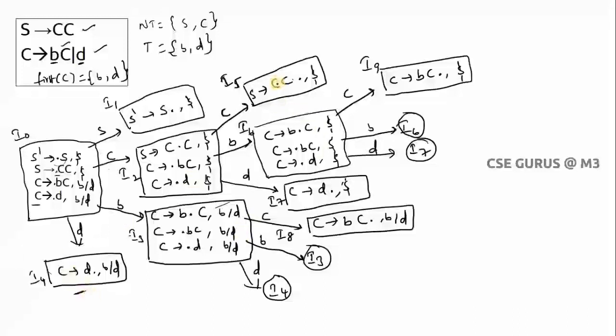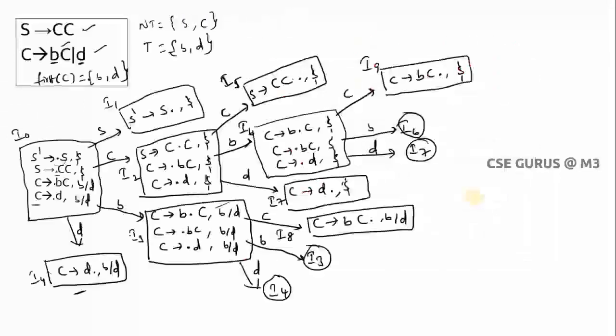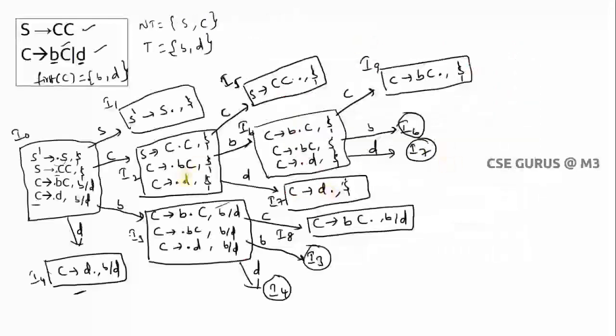No. I5? No. I6? Yes. I6 to C, I9. I6 to B, I6, that's why S6. I6 to D, S7.